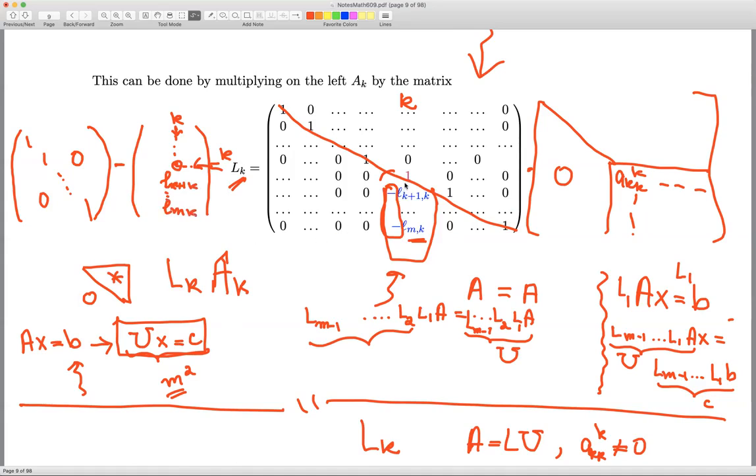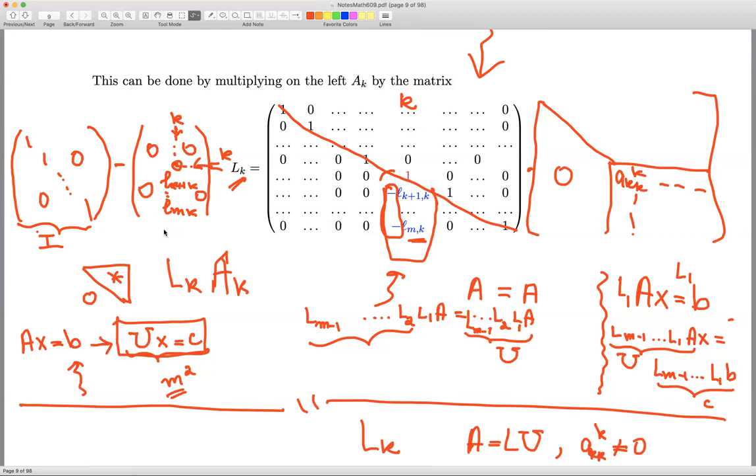So this is this piece of the original matrix. I can just decompose the matrix Lk as a difference of the identity matrix and this matrix, where everywhere else I have zeros, but on the kth column below the main diagonal, I have all the l's.